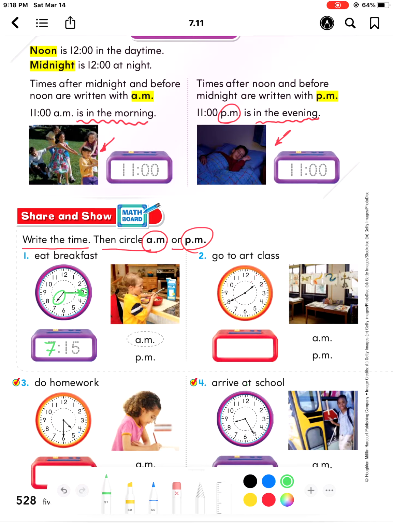Now, do you remember how we used it to count the minutes? Excellent. Do you remember the flower? Yes. You will do it like this. We will count by 5. So it's 5, 10, 15. So it's 15 minutes.